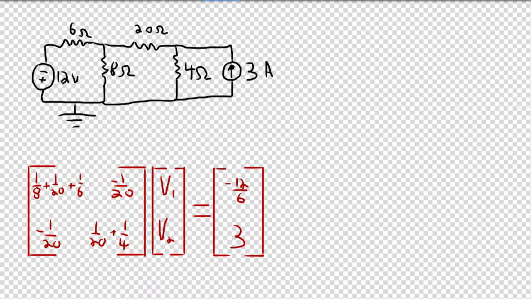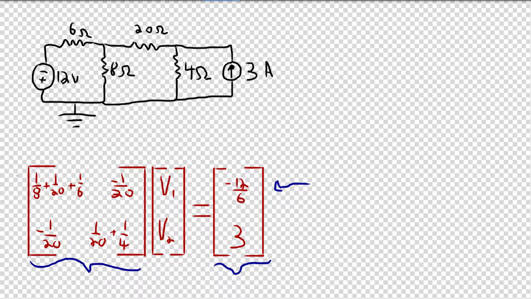So what we have is this vector right here, which is the vector of unknowns. But we also have this vector right there, and this matrix right here. And you may notice something about these. This vector is a vector of sources.